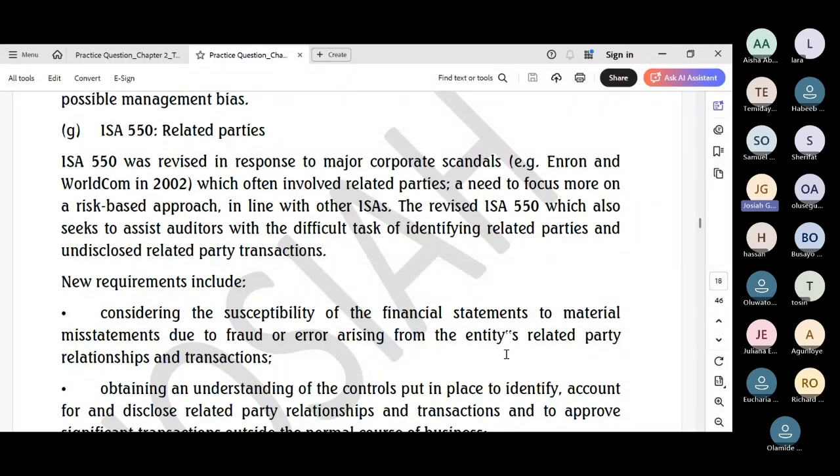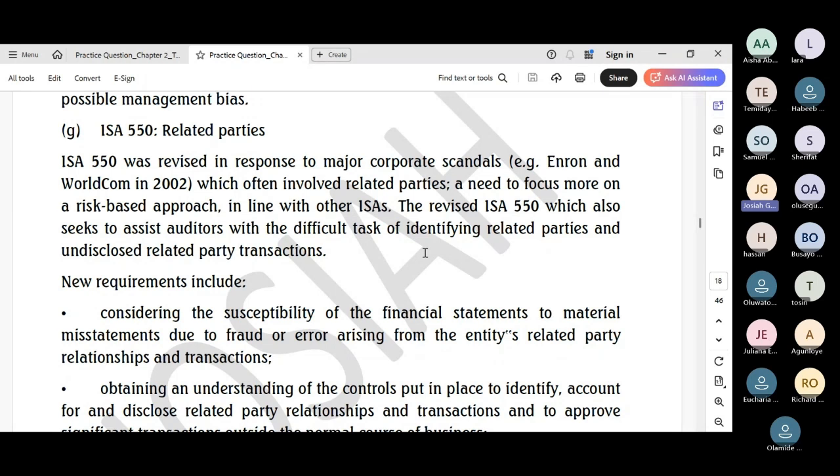Disclosure is key, and also treating significant related party transactions outside the normal course of business as giving rise to significant risk was updated, and specific procedures for undisclosed related party transactions, then obtaining sufficient appropriate evidence of management's assertion that related party transactions were on normal commercial terms was also updated.